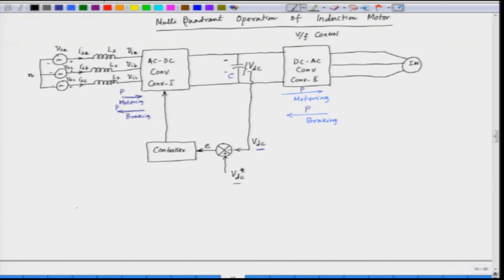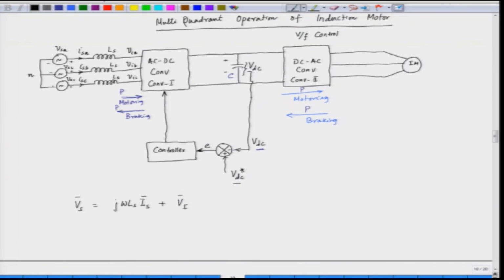If Vs is the source voltage, a phasor, that is equal to the drop across the inductor, j omega Ls into Is, where Is is a phasor, the input current, plus Vi, the inverter input voltage.